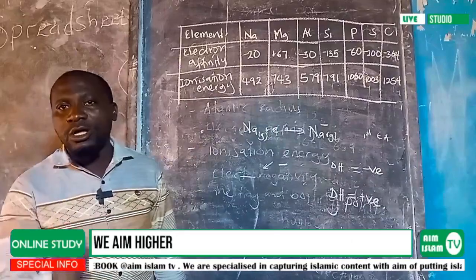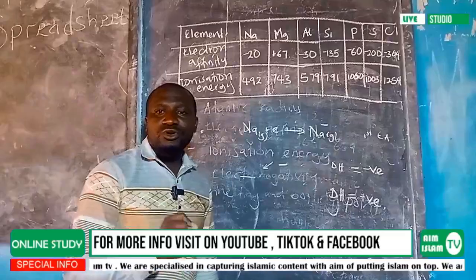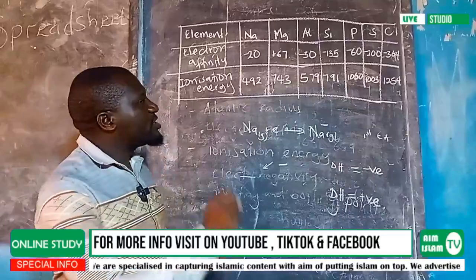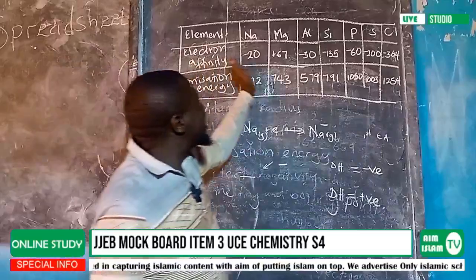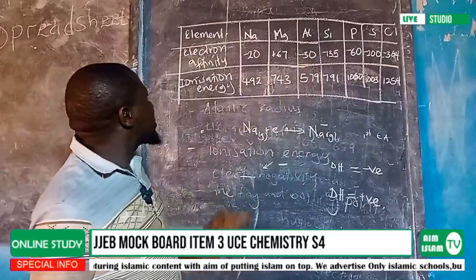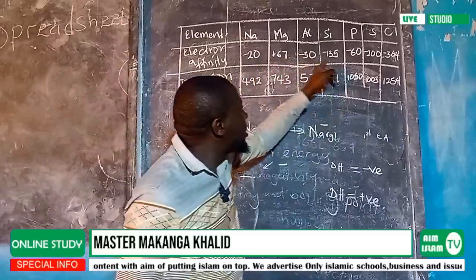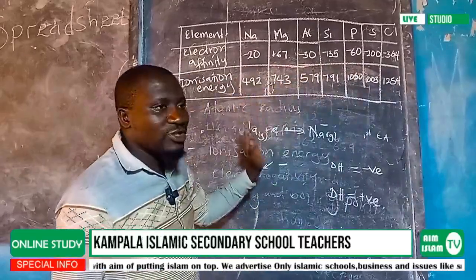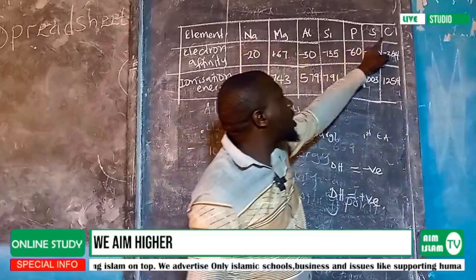No, that's not how they respond in chemistry. The response should always be general. So generally, there is an increase in electron affinity from sodium to chlorine.